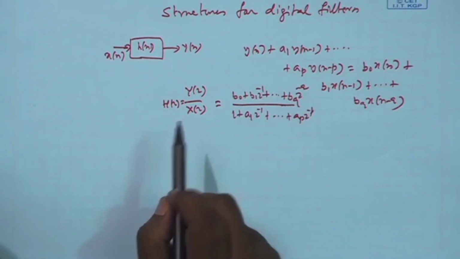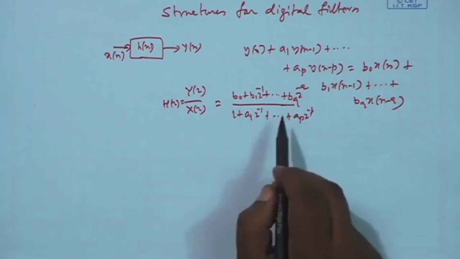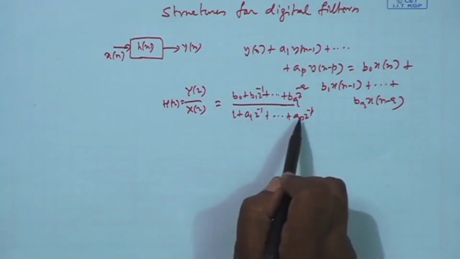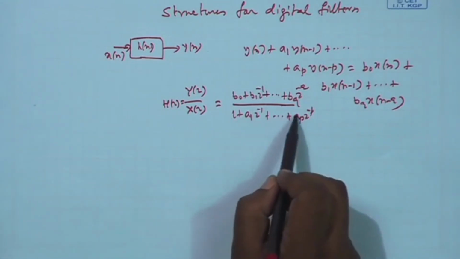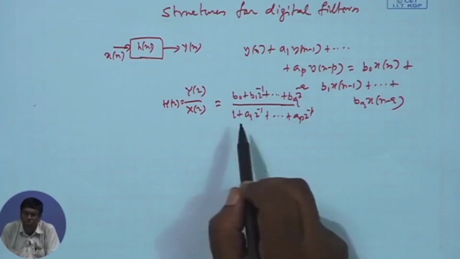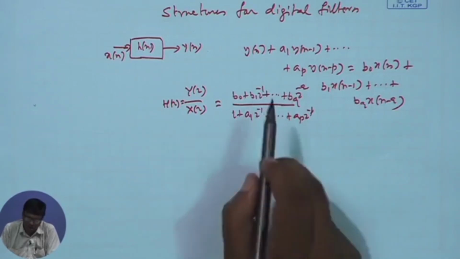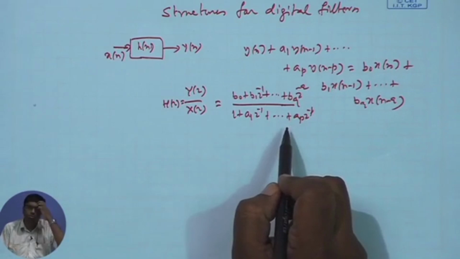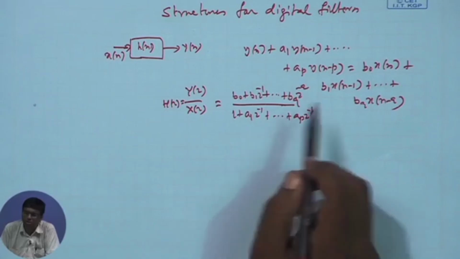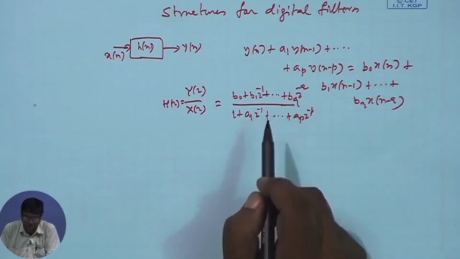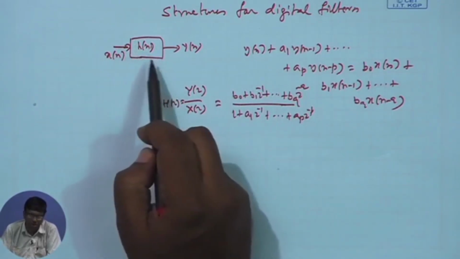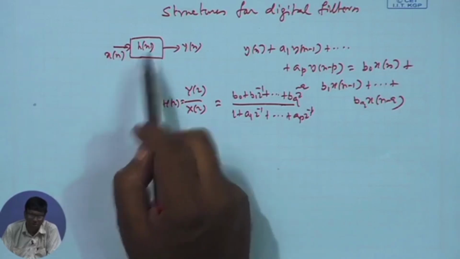One reason we choose this special kind of linear shift invariant system is that by choosing a 1, a 2 up to a p, these coefficient values appropriately, we can ensure that the poles, that is, if you factorize this denominator polynomial into first order factors, the roots are called poles, depend on the choice of a 1 to a p. By choosing a 1 to a p appropriately, you can make sure that all the poles lie within the unit circle, which will ensure causality and stability, which is in general not possible to ensure for an arbitrary h n, because then h n must be causal, that is h n should be 0 for n less than 0, and it should be absolutely summable.